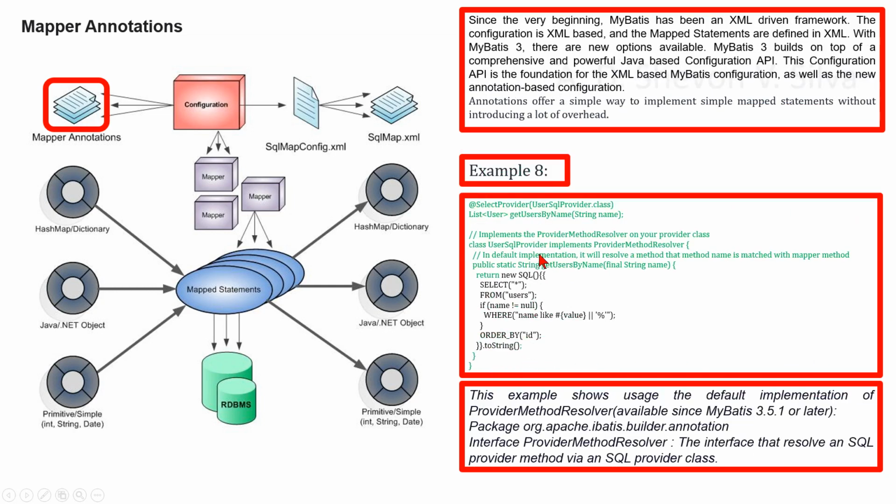This example shows the usage of the default implementation of ProviderMethodResolver, available since MyBatis 3.5.1 or later. Interface ProviderMethodResolver, the interface that resolves an SQL provider method via an SQL provider class.